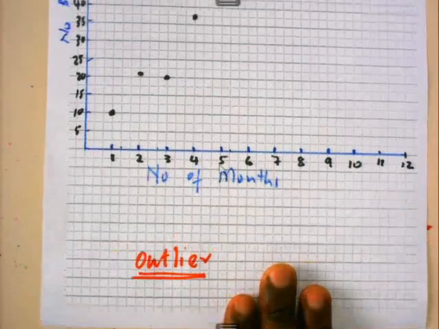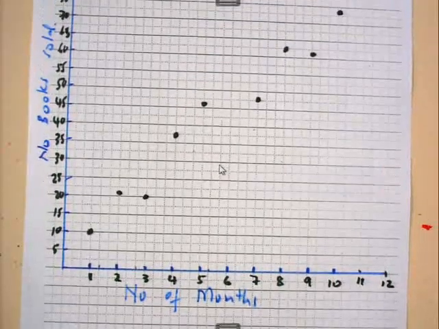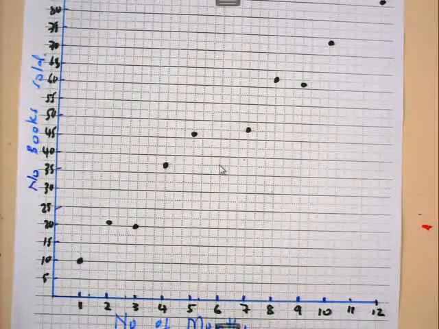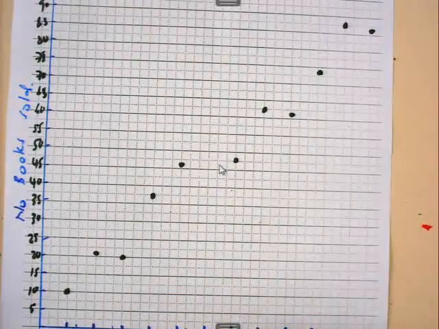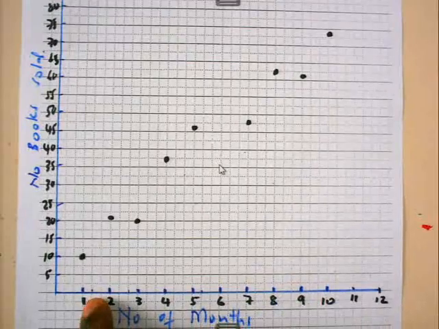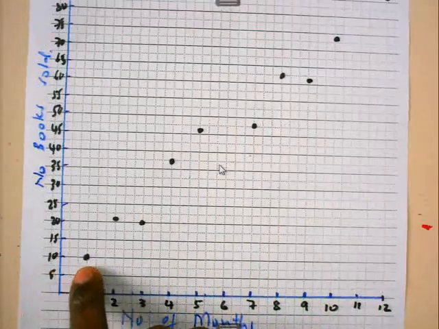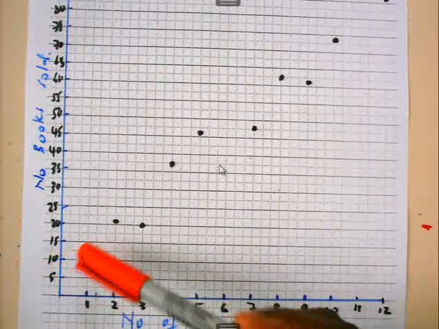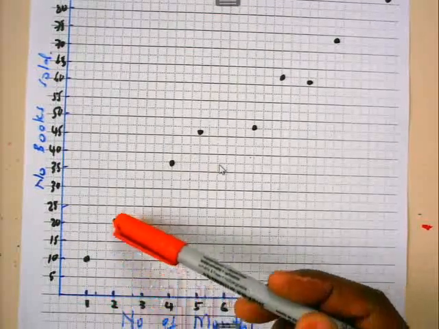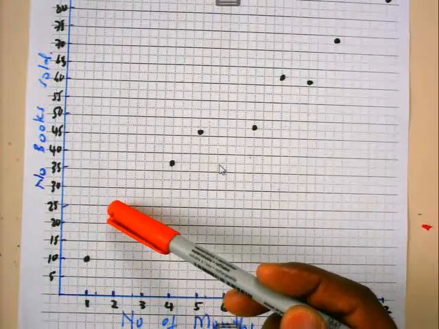This is the scatter plot, and it's very important for us to be able to draw it. And you can see the relationship between the month and the number of books. The first month it was 10 books. The second month it was 21 or so books. Can you see that?